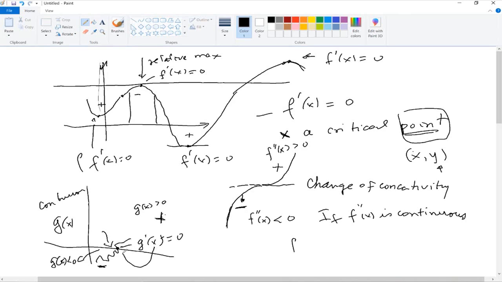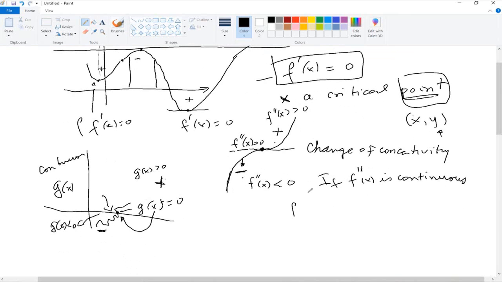That's how you find this point, you know? I'm sorry, I'm not talking about the derivative, I'm talking about g in abstract. If the second derivative is continuous, which is regular in your courses, going from negative to positive, it has to be 0 somewhere over here, because it's going from negative and suddenly it appears positive. Then you name those critical points.